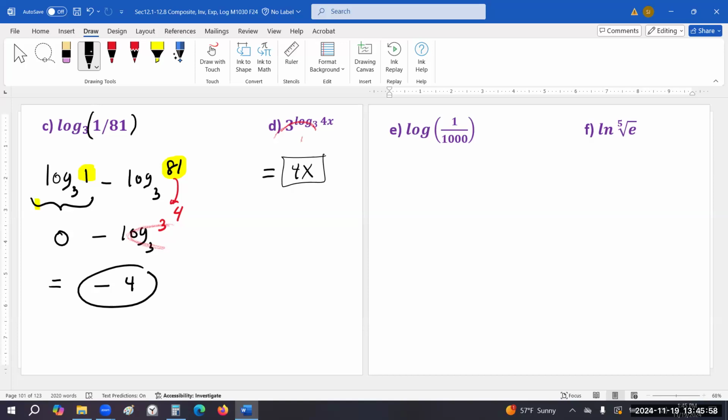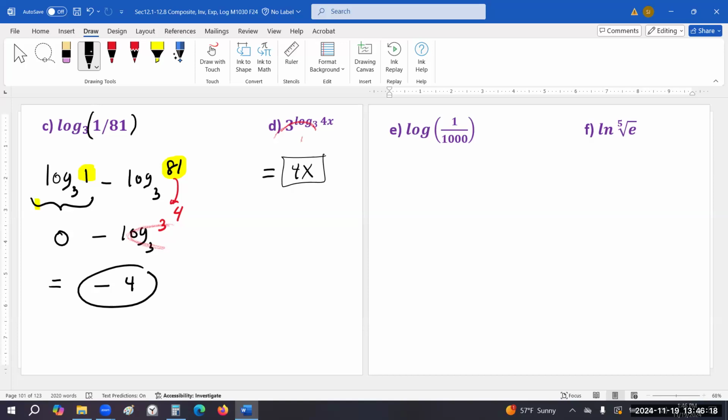Remember, like I said before, when e and ln are next to one another, they cancel out. They're almost next to one another. There's only one problem: between them, we have a fifth root.